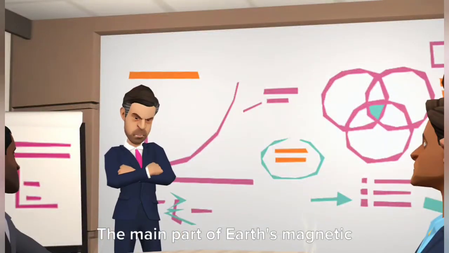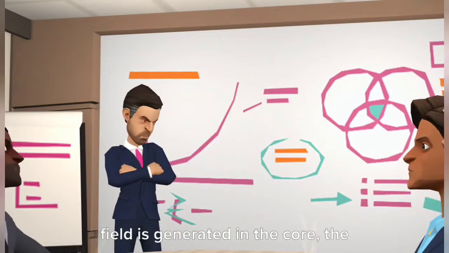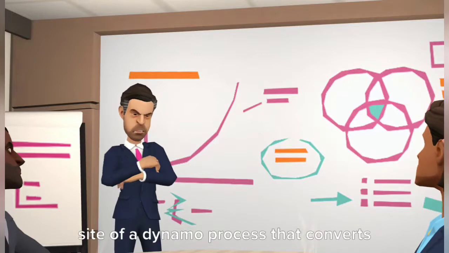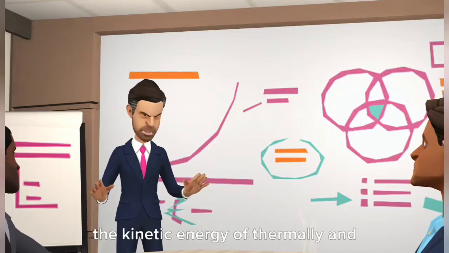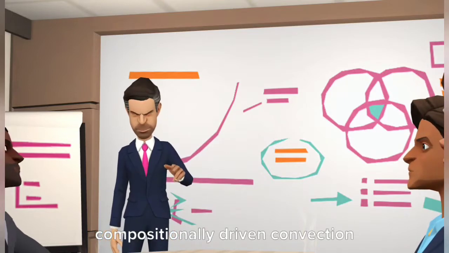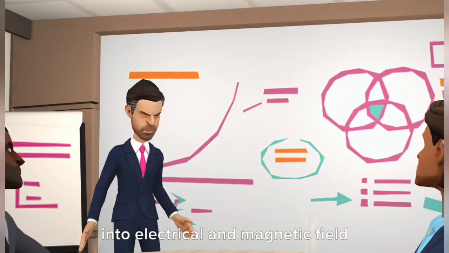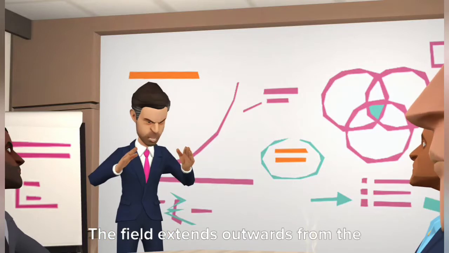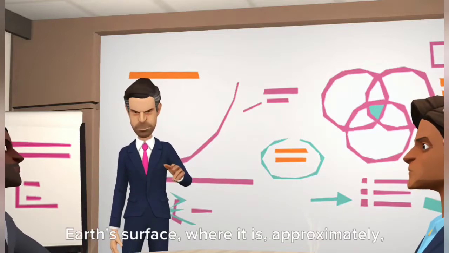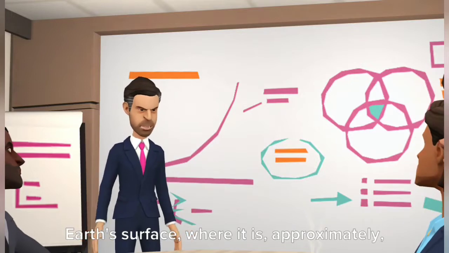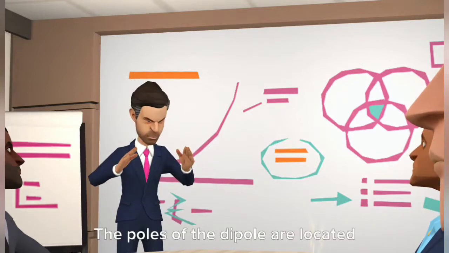The main part of Earth's magnetic field is generated in the core, the site of a dynamo process that converts the kinetic energy of thermally and compositionally driven convection into electrical and magnetic field energy. The field extends outwards from the core, through the mantle, and up to Earth's surface, where it is, approximately, a dipole. The poles of the dipole are located close to Earth's geographic poles.